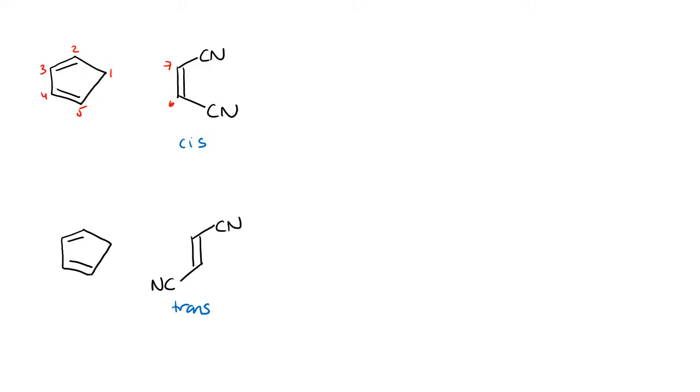Then we'll go ahead and draw our arrows. We'll start them over here. We'll have carbon 5 form a bond with carbon 6. Carbon 6 is going to come over and form a bond, carbon 7 is going to come over and form a bond with carbon 2. We'll shift these down here between carbon 3 and 4.